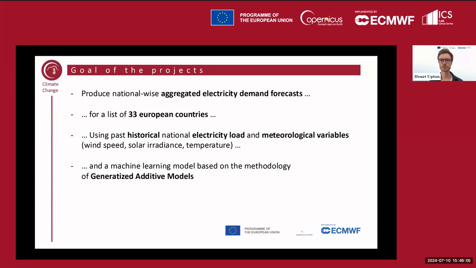We use obviously the historical national electricity load. And the second group of features are the weather indicators, meteorological indicators, and more precisely, three different variables, thanks to the processing of ICS. So we use wind speed, solar irradiance, and temperature. Finally, to produce the forecast, as I said, we use this methodology of generalized additive models.